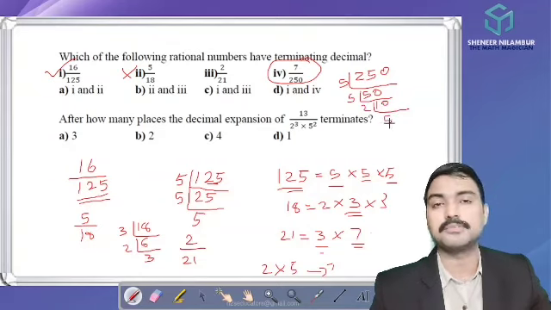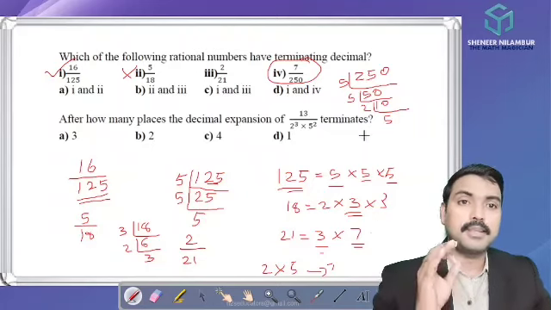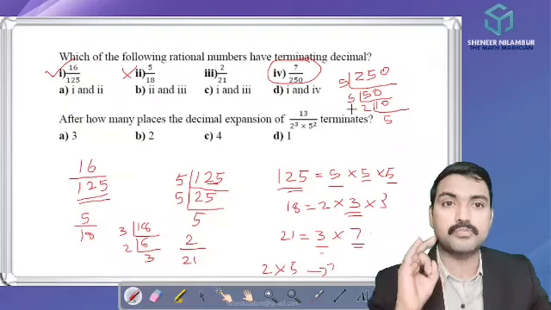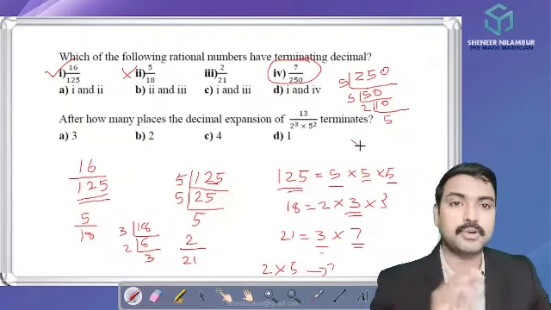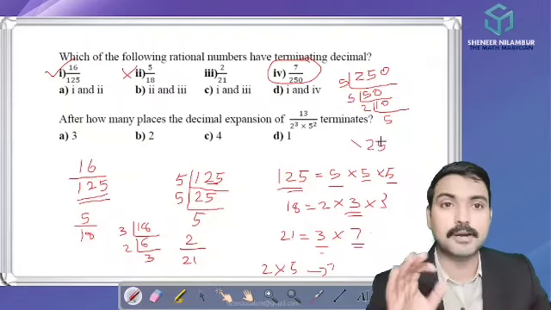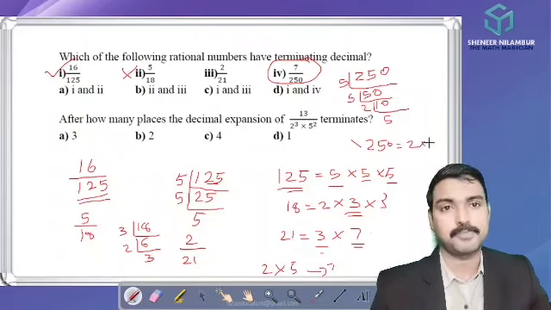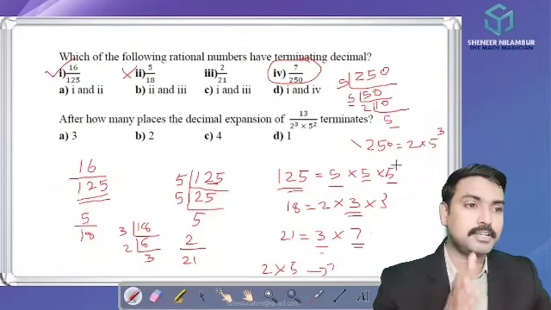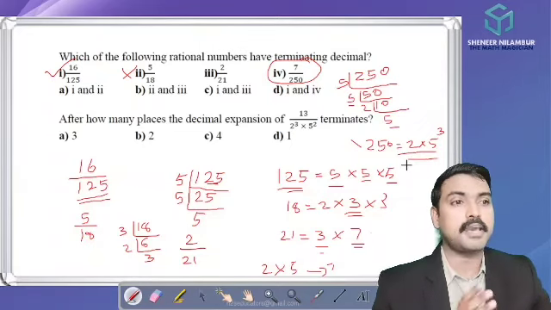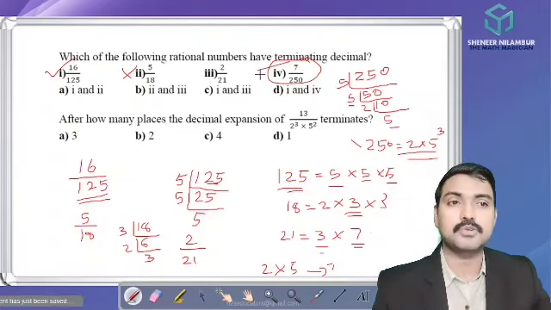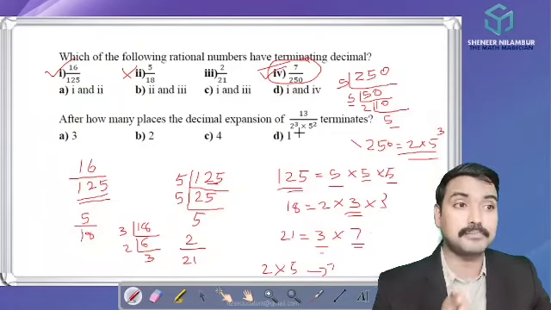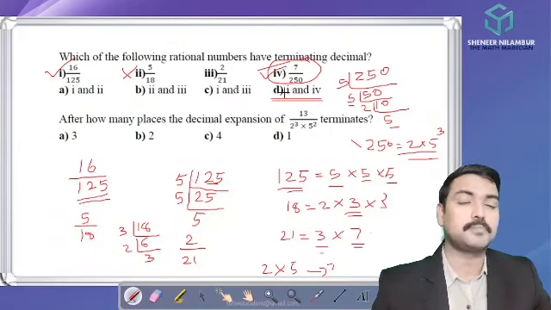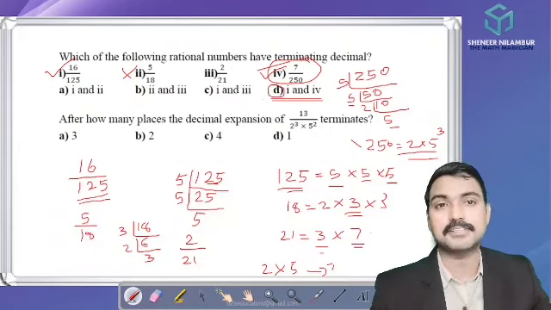So my dear students, in a fraction, if the denominator has only the factors 2 and 5, and no other factor, it will be an example of terminating decimal expansion; otherwise it will be a non-terminating decimal expansion. So in this question, the first and fourth are examples of terminating decimal expansion. The first and fourth are given in option D, so option D is the right answer.